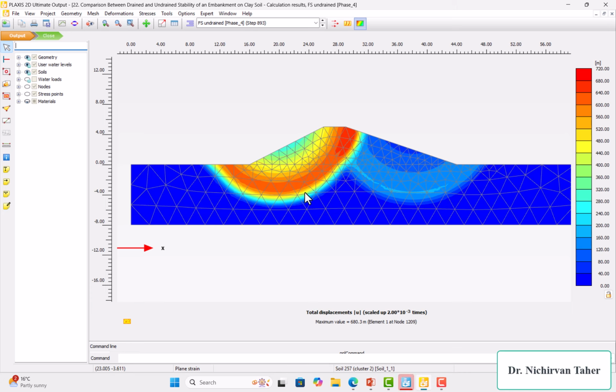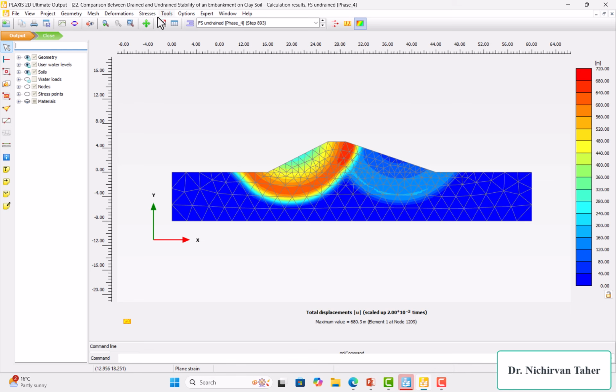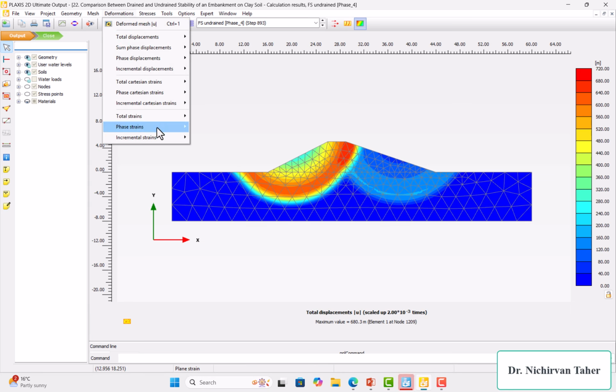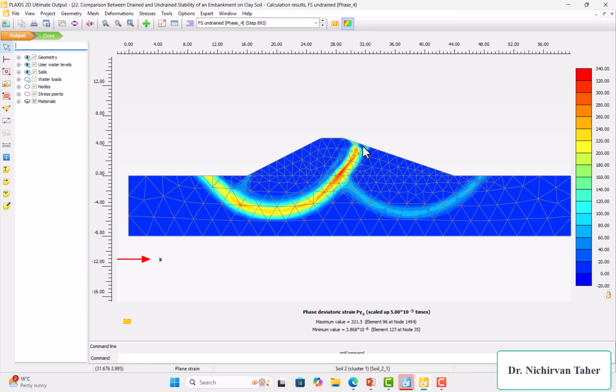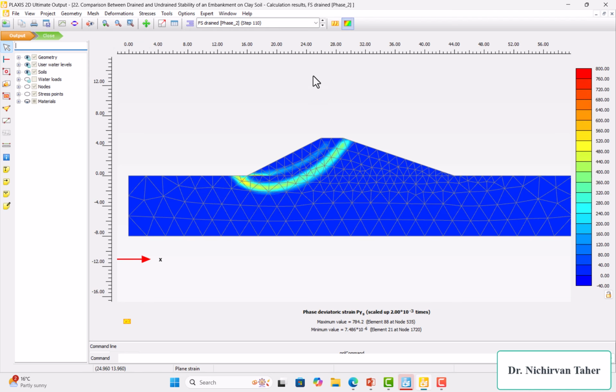This is because of the development of excess pore water pressure, and this excess pore water pressure decreases the effective stress, so it decreases the shear strength of the soil. That's why. And also, if I click on the shear strength here, we can see this is the failure surface in case of undrained condition, and for drained condition the failure surface is shallower.